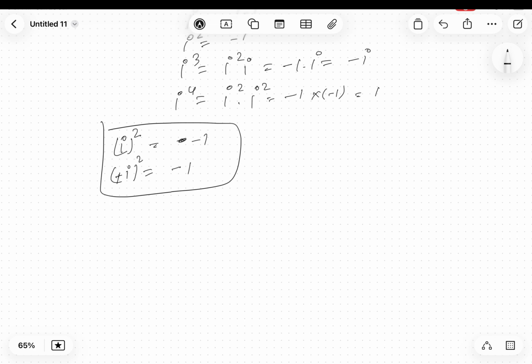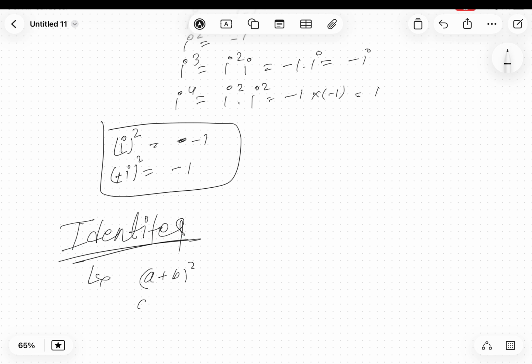So now in the next video we will start doing the examples, and for this video there is one last thing, that is identities. Identities are the same as (a plus b) whole square, (a plus b) whole cube, (a plus b plus c) whole cube.